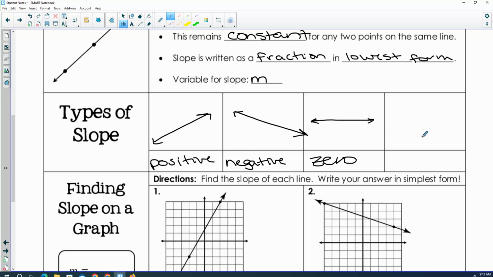And if you have a line like this, a vertical line, undefined. And we're going to do some examples to kind of talk about why that is. So horizontal lines, slope always turns out to be 0. Vertical lines, it is undefined.